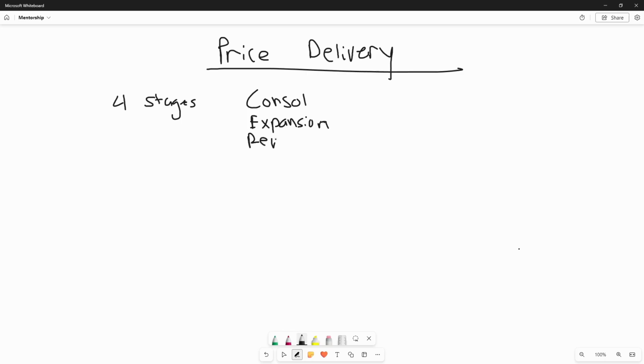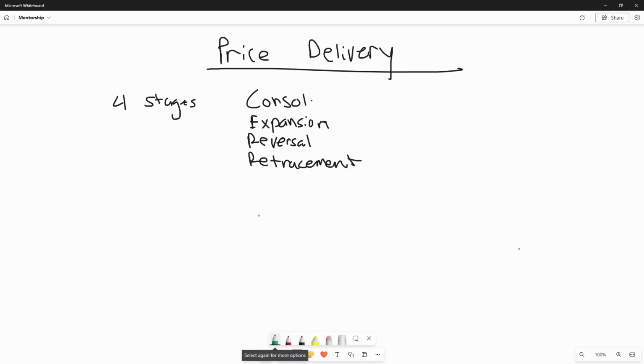Then you have reversal and retracement. Okay. So these are the 4 stages that price will be in. This is the only 4. So price will either be in one of these stages, and there's a rhythm that price can go to.